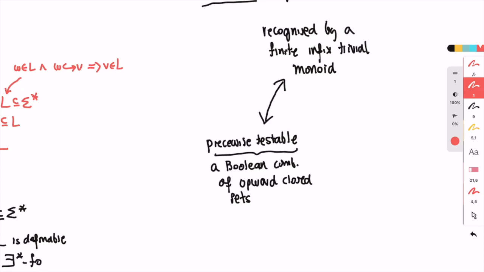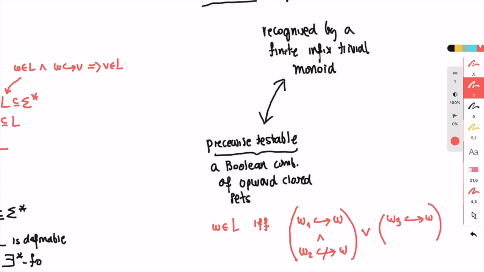So that means that a word belongs to the language if and only if there's some fixed testing set, and you just ask, this guy embeds in W and this guy does not embed in W, or maybe W3 embeds in W, or W4 embeds in W. That kind of conditions.